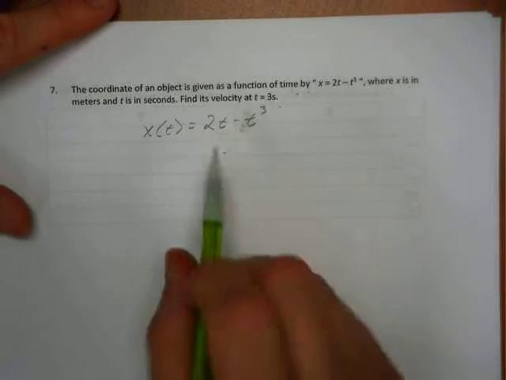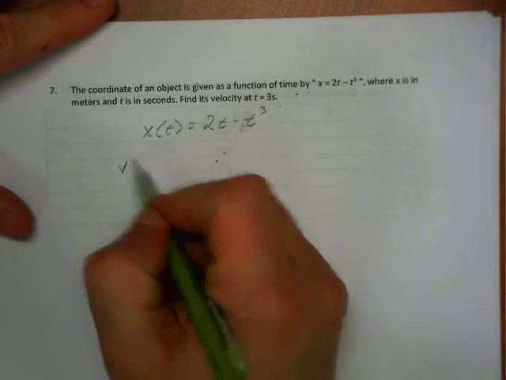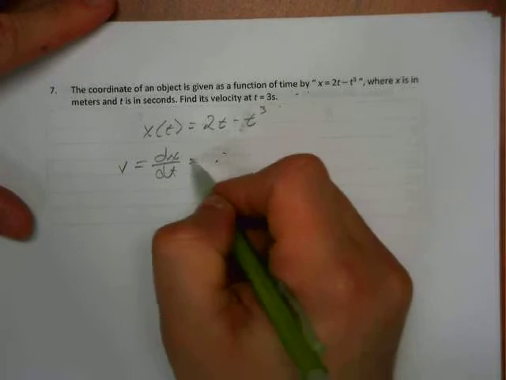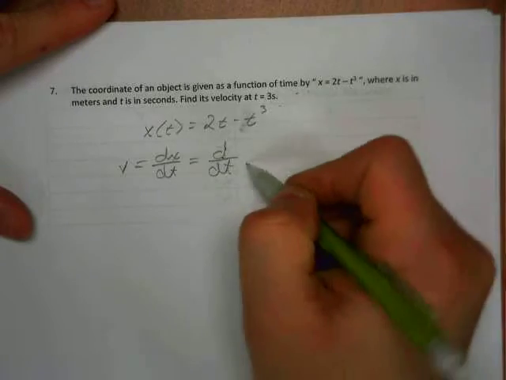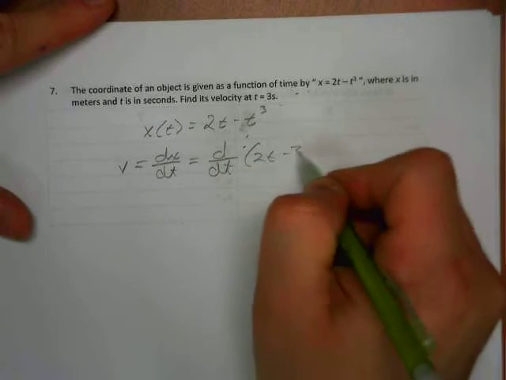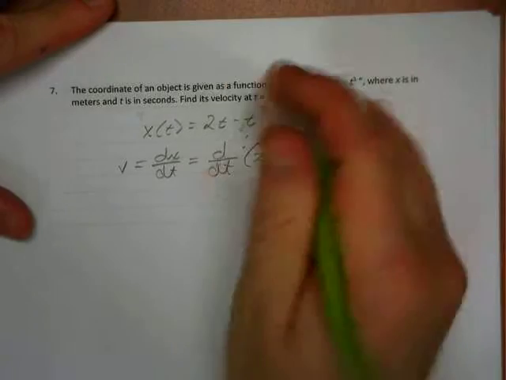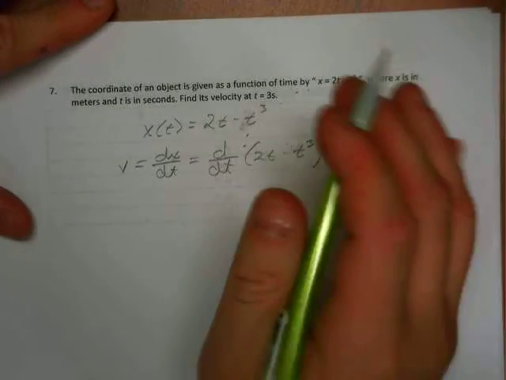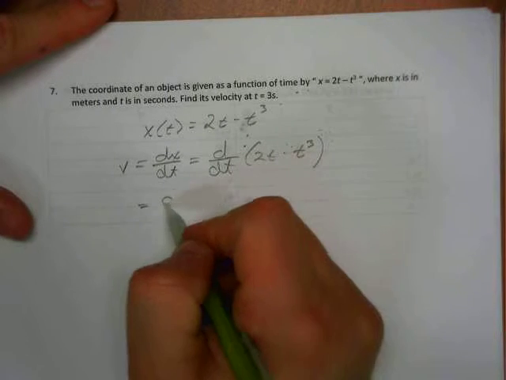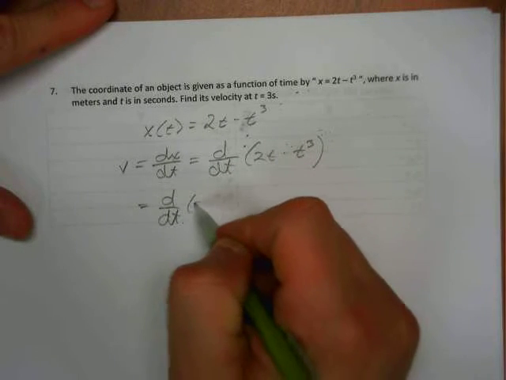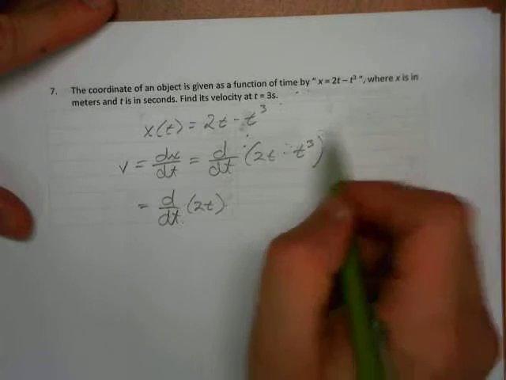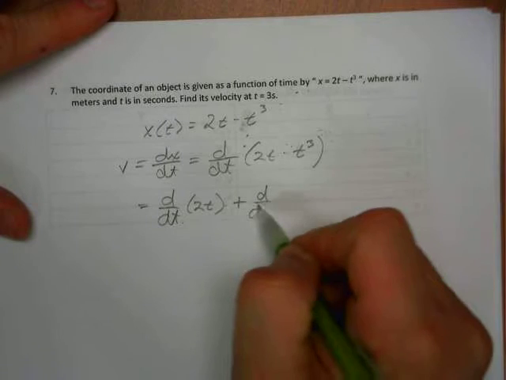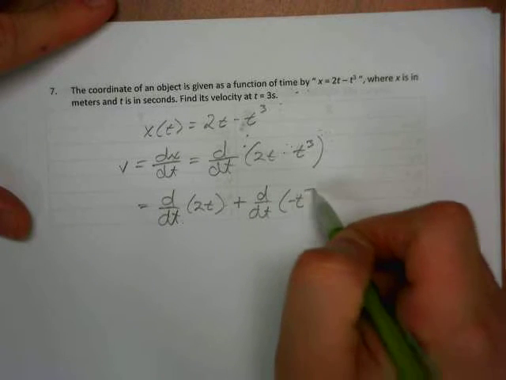In order to get the instantaneous velocity, we must differentiate x with respect to t, or d/dt of 2t minus 3 minus t cubed. We can differentiate each term independently, and this is plus negative d/dt of t cubed.